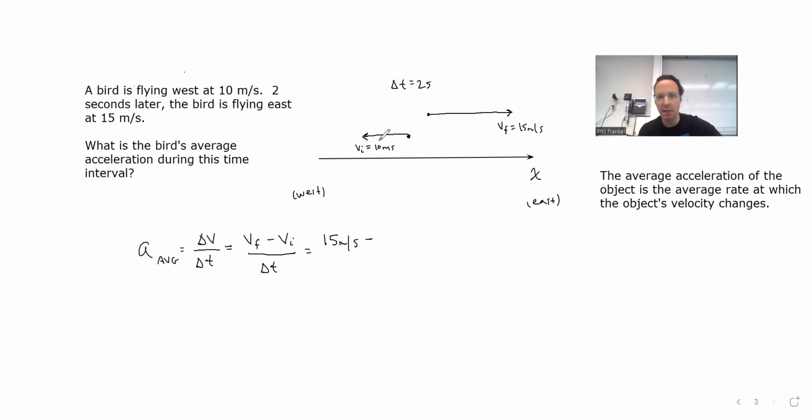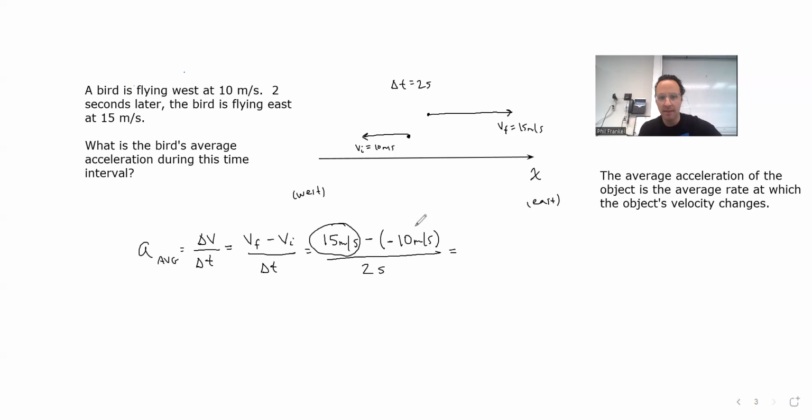Now I subtract the initial velocity. The initial velocity is 10 meters per second to the west, but the west is the negative direction. So I have to subtract the initial velocity, which means subtracting negative 10 meters per second. And then I divide by the 2 second time interval. Let's keep track of the units here very carefully.